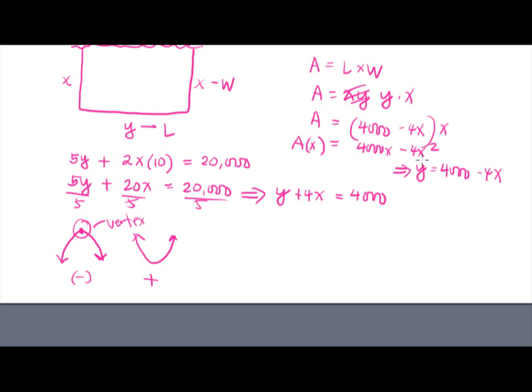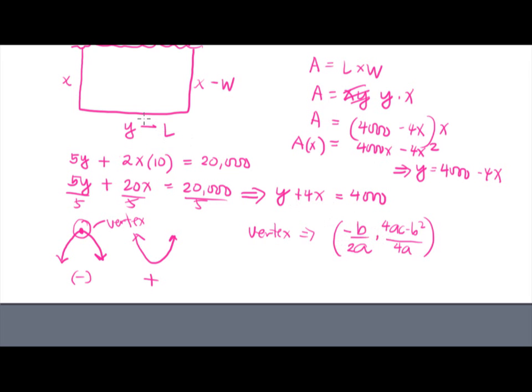So to look for x, we can simply find the vertex. The x value of the vertex can be obtained through negative b over 2a, and the y value through 4ac minus b squared over 4a. I will not be discussing the derivation of these formulas, but let's just apply this to the problem.